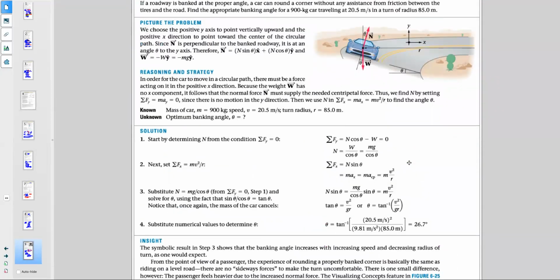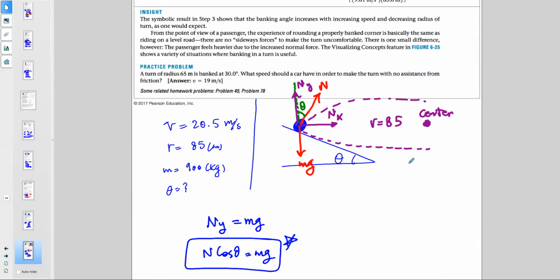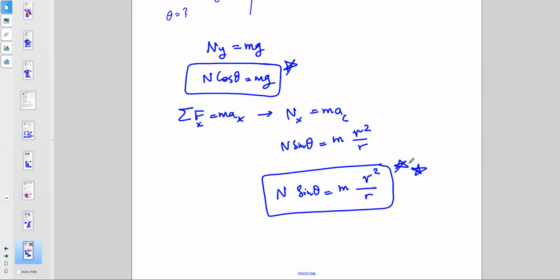Okay, are we missing anything? No. So if I do that, then let's divide the double star by one star to see what we can get. So we have N sine theta on the left-hand side and N cosine theta on the right-hand side.